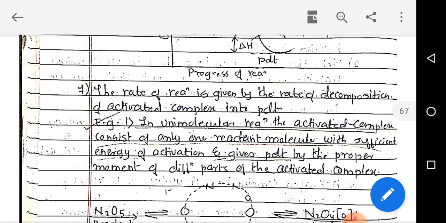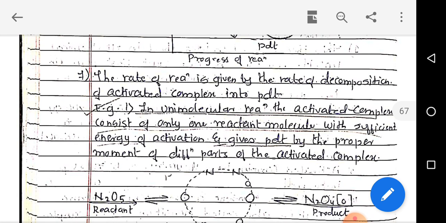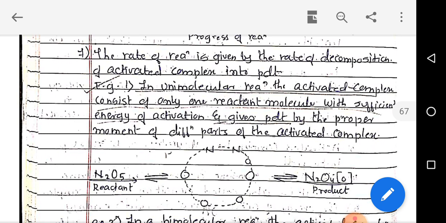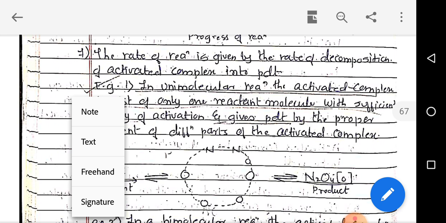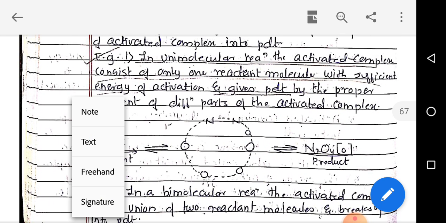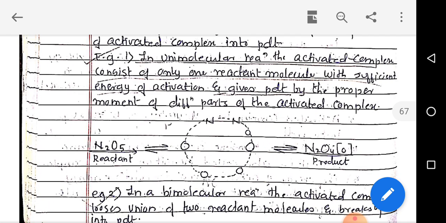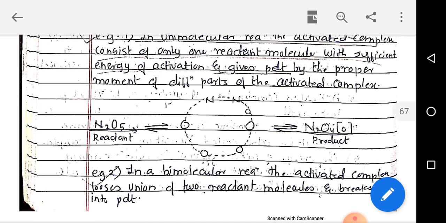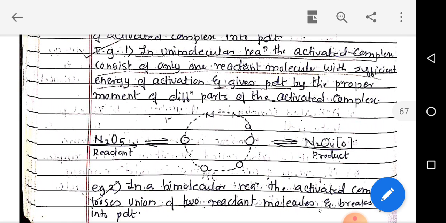Next, the rate of the reaction is given by the rate of decomposition of the activated complex into the products. For example, in unimolecular reactions, the activated complex consists of only one reactant molecule with sufficient energy of activation, and it gives the product by the proper movement of the different parts of the activated complex.